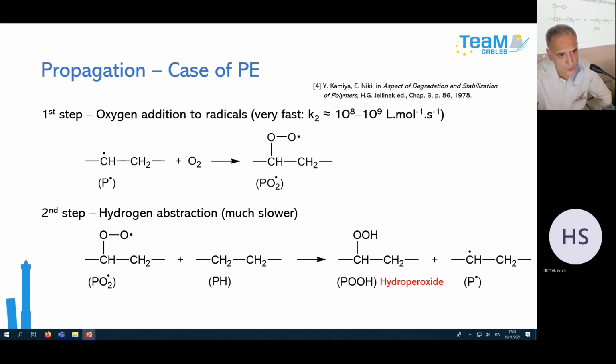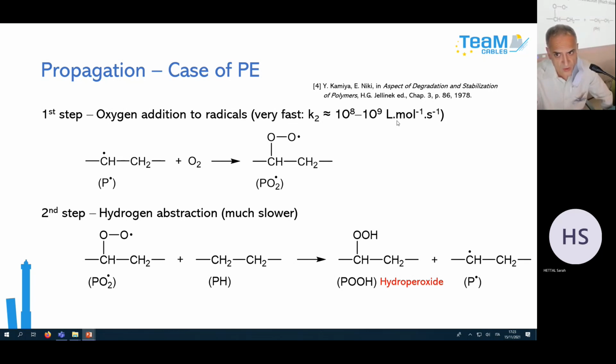Now, if we have a rapid look at the propagation, in fact, the propagation of oxidation consists of two successive steps. The first one is a very rapid addition of an oxygen molecule onto an alkyl radical in order to form a peroxy radical. So this reaction is very, very fast.